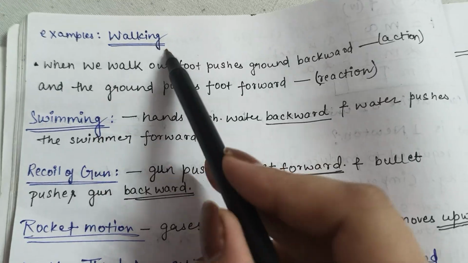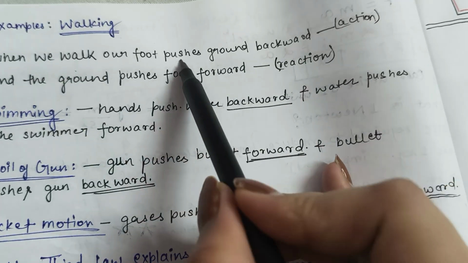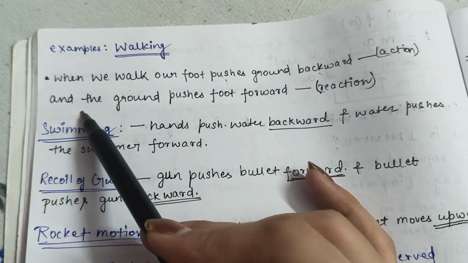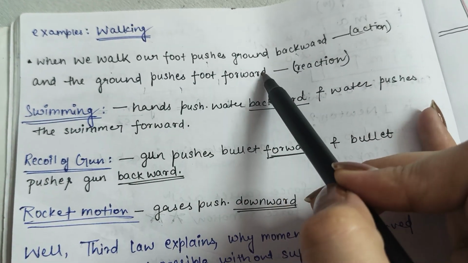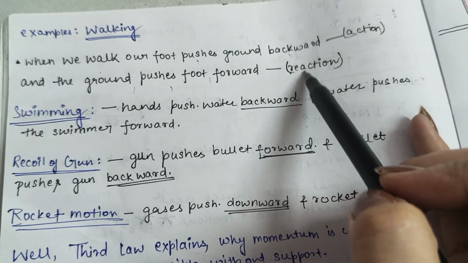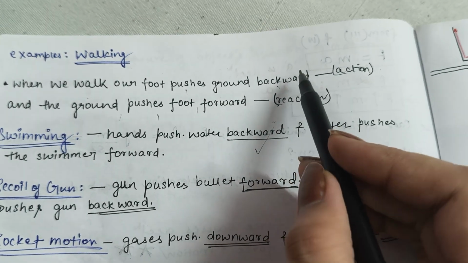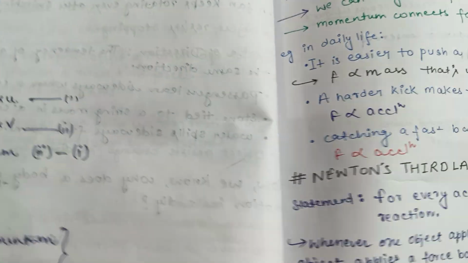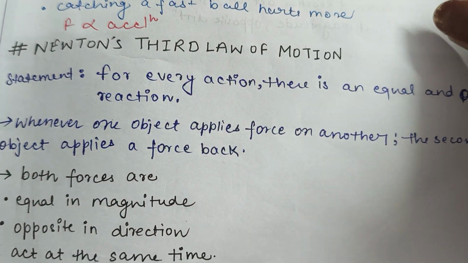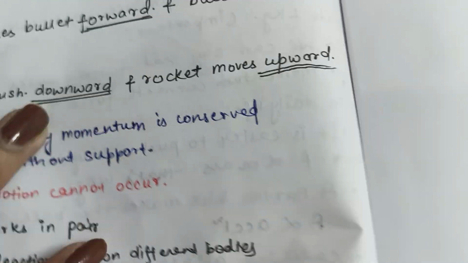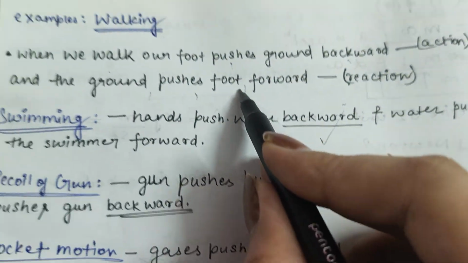So, for example, walking. When we walk, our foot pushes the ground backward. It is the action, and the ground pushes the foot forward. It is the reaction. So in this case, the forces are applied by two different objects. The action is on the ground and the reaction is on the foot.